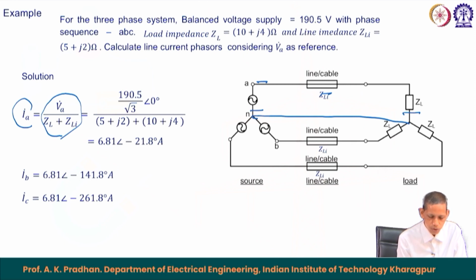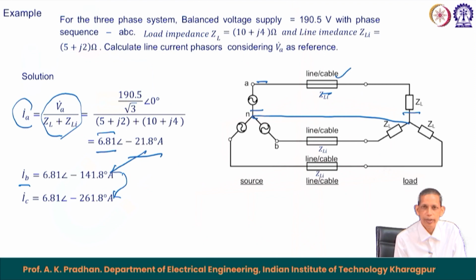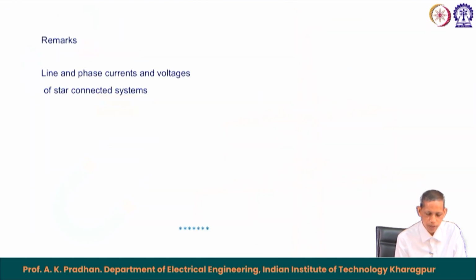This becomes 6.81 with an angle of minus 21.8. I B is 120 degrees lagging to this, and I C is 120 degrees lagging to that. So, we saw a star connected system having star impedance and line impedance, and how you can analyze the circuit by considering a loop, KVL here.